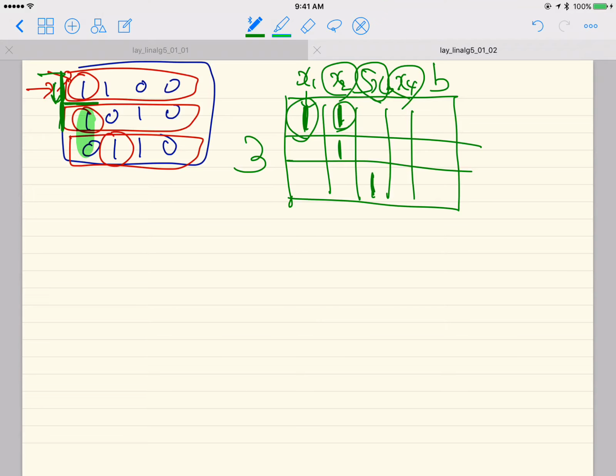So once we think about the staircase shape and the possible positions of those pivots in the columns, it clearly says it's not possible to make each of the variables a basic variable.